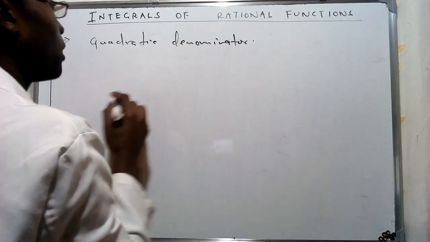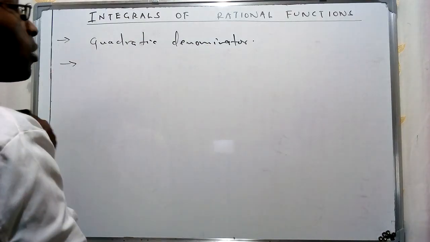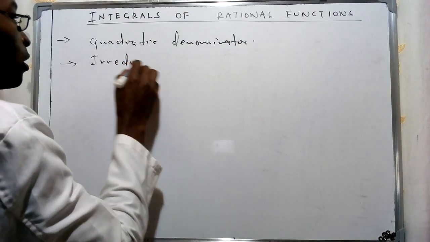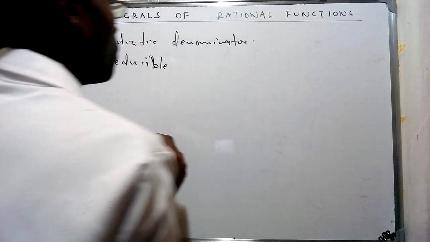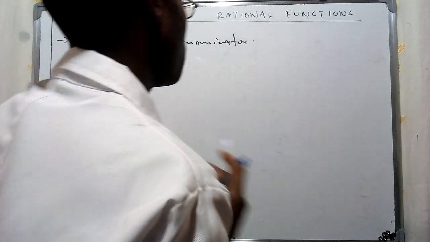And in some cases, we're going to see that these quadratic denominators are going to be irreducible. One of the methods we're going to use in trying to evaluate this is a decomposition of the function into its partial fractions.